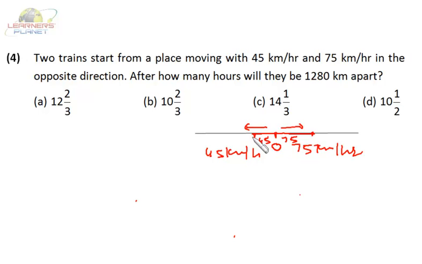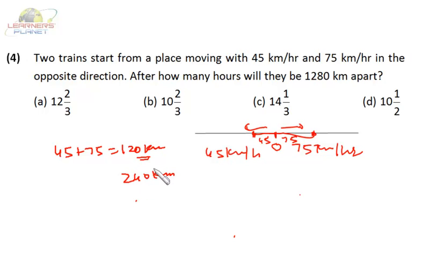Now after 1 hour, the distance between these two is 45 plus 75, that is 120 km, isn't it? So after 1 hour, this train has run 45 km and this train has run 75 km. So the distance between them is 120 km. Now after 2 hours, the distance between them will be 240 km.